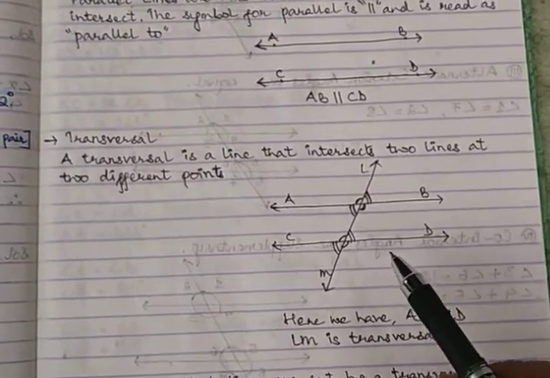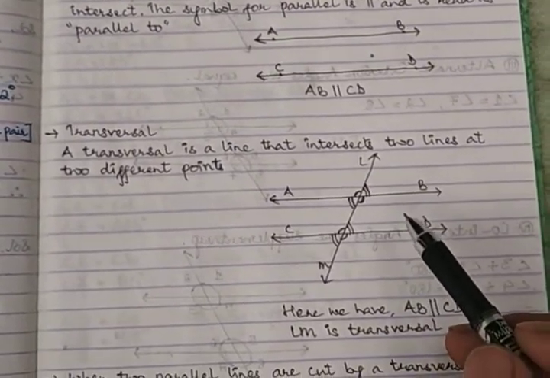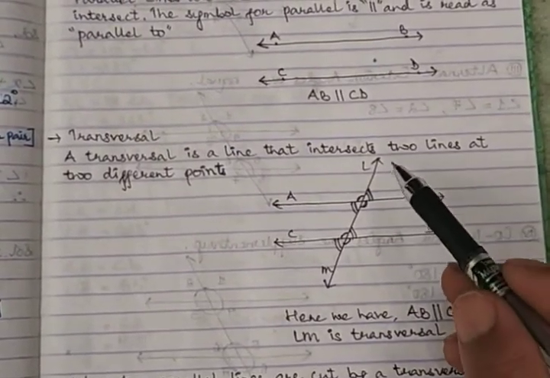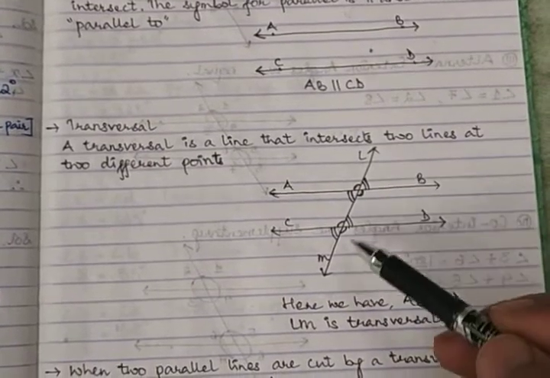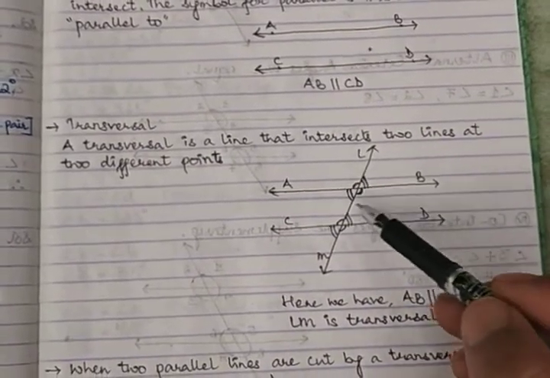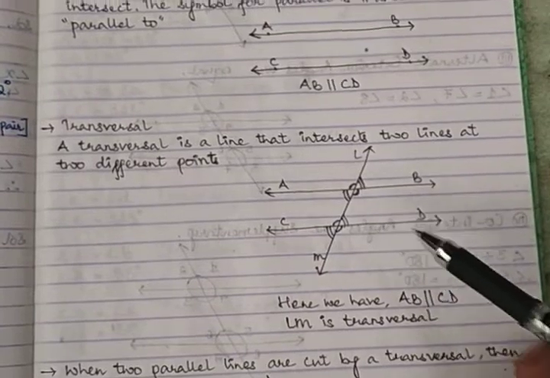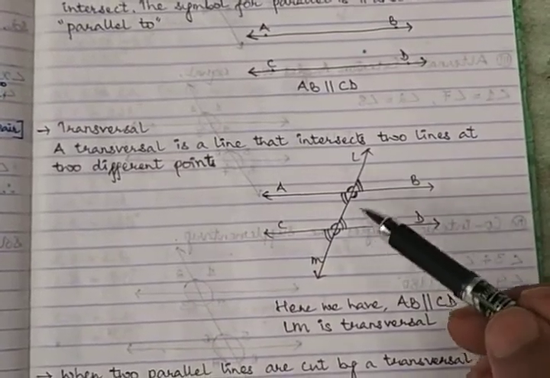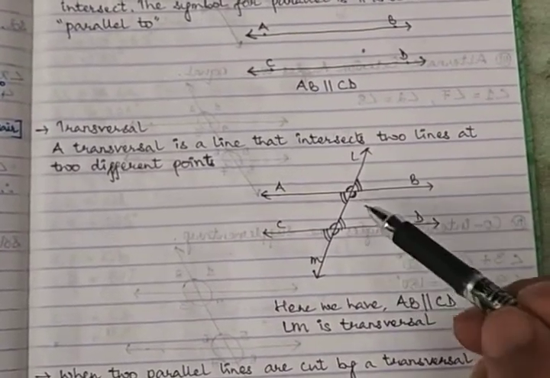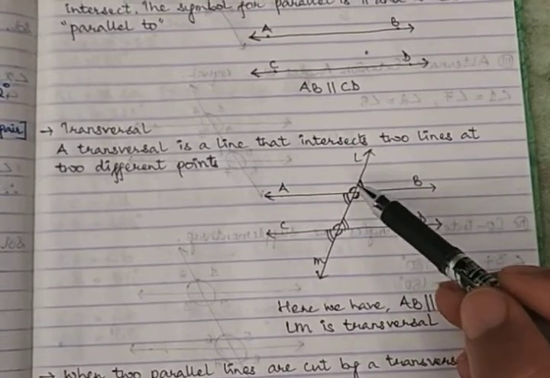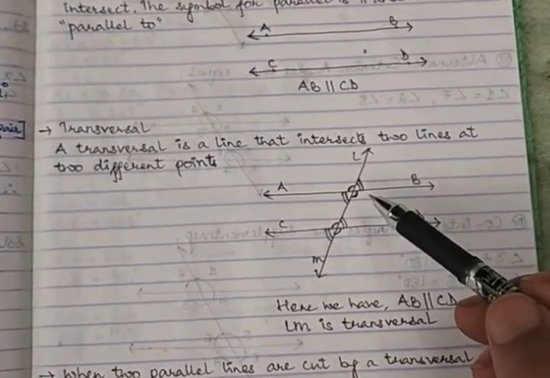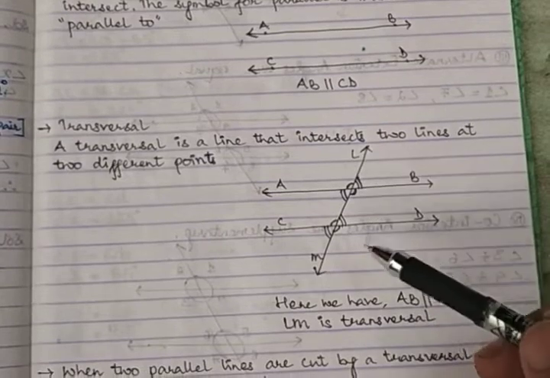When parallel lines are intersected by a transversal, 8 angles are formed, and there is a relation between those 8 angles as well, not just the vertically opposite angles, but among all of them.